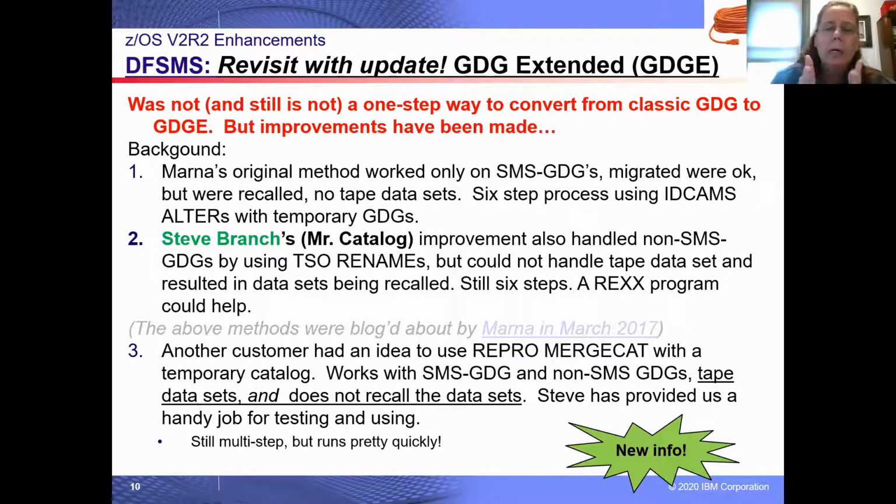His idea will work with SMS and non-SMS GDGs. It will work with tape data sets, and it does not recall the data sets if they had been migrated. So this is like the best thing we could have. It's still going to be a multi-step job, because like I said, we're never going to get a single step job, but it runs pretty quickly, and Steve and I were really happy with this customer's idea.